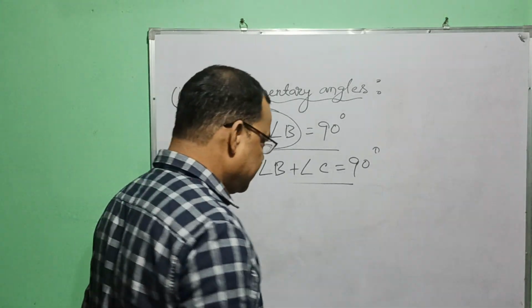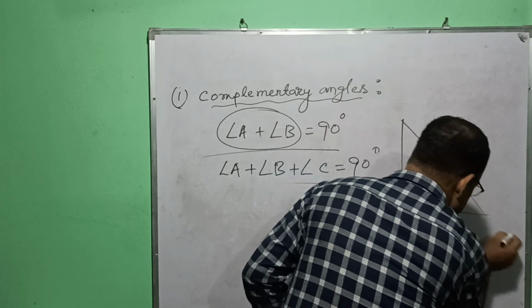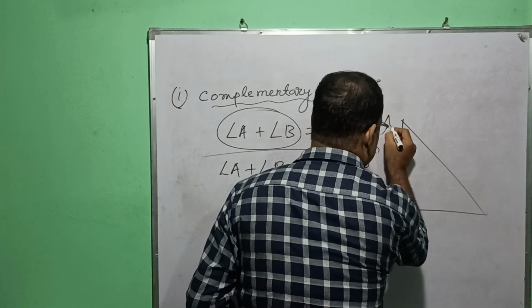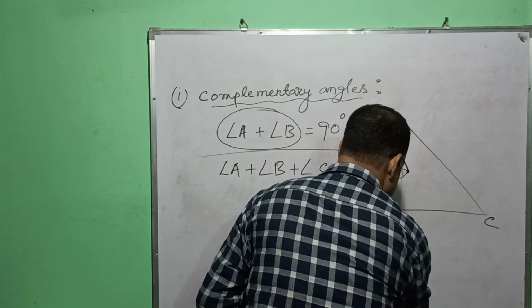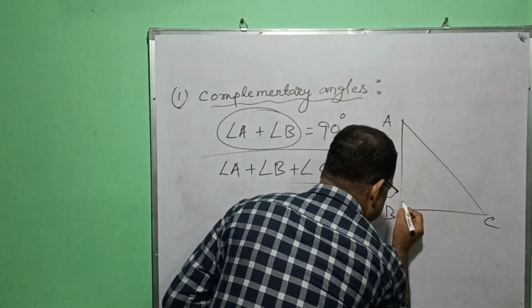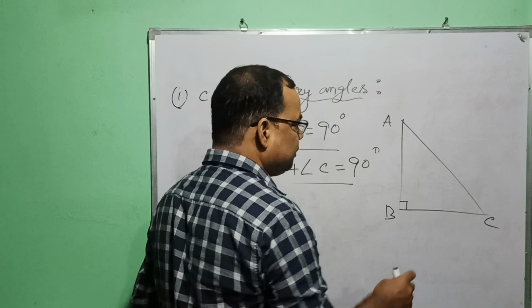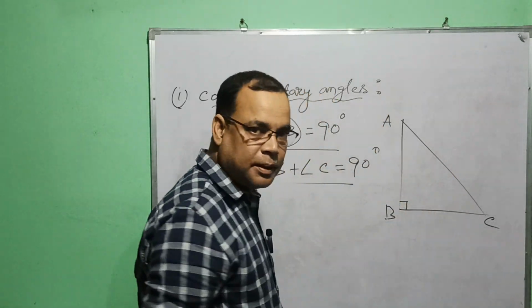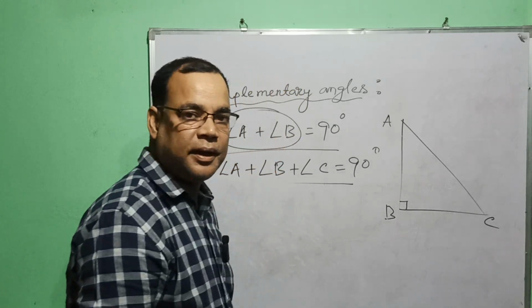Now let us take another example. Suppose we draw a right triangle ABC, right angled at B, then B is 90 degrees, and we know that according to the angle sum property, angle A plus angle B plus angle C equals 180 degrees.